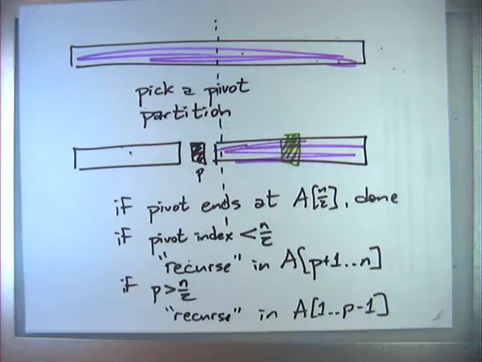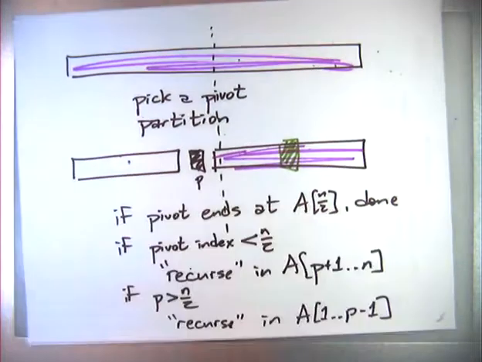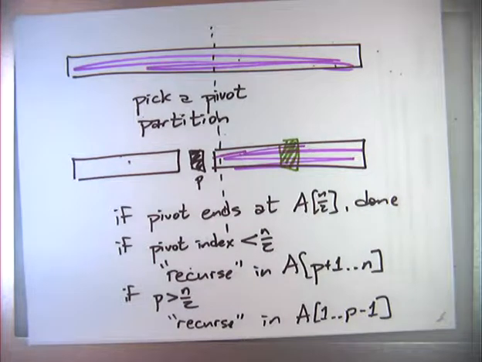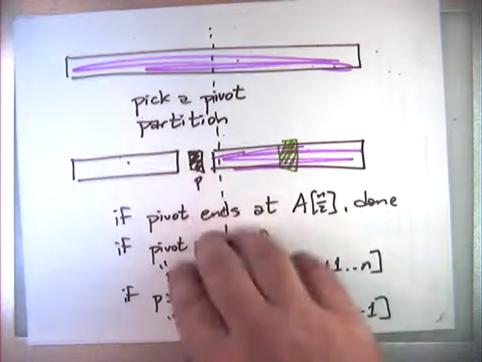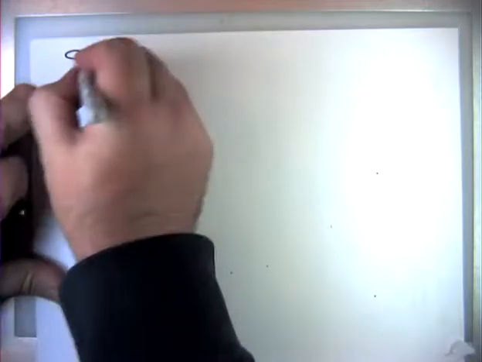Okay? So if I actually want to phrase this as a recurrence, I have to solve a slightly more general problem. I can't just say, to find the median, I partition and then recursively find the median. I'm recursively looking for something else. And so, in fact, the problem that I'm really going to solve is just called selection.